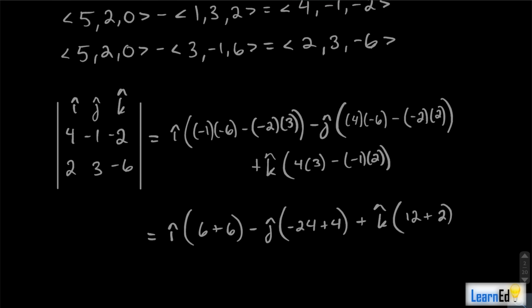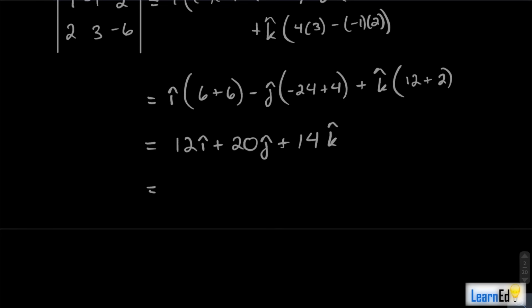Okay, so our normal vector just ends up being 12i, minus, not minus, it's actually going to be a plus 20 j hat, and then we're going to have plus 14 k hat. And we can also just simplify this down to make things easier for ourselves and make this 6 i hat plus 10 j hat plus 7 k hat. Not a big deal. I mean, it's the same thing. Okay, and we can say that this is equal to the normal vector.